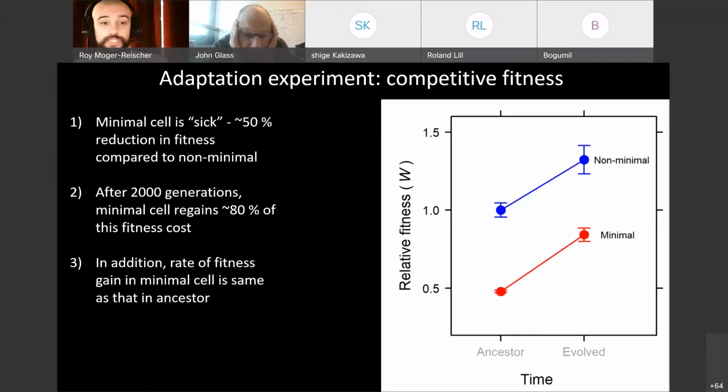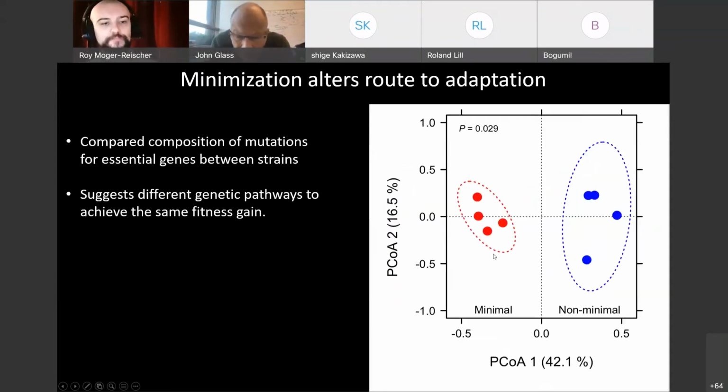And so we did genome sequencing, and we looked at all the mutations that were observed in the evolved bacteria, and we made basically a big matrix for each evolved population and each gene across the genome, looking only at the shared genes between these two strains, of course, so looking at the essential genes. And then for each population, for each gene, how many mutations were there, and we decomposed this giant mutation matrix down into 2 dimensions that I've plotted here.